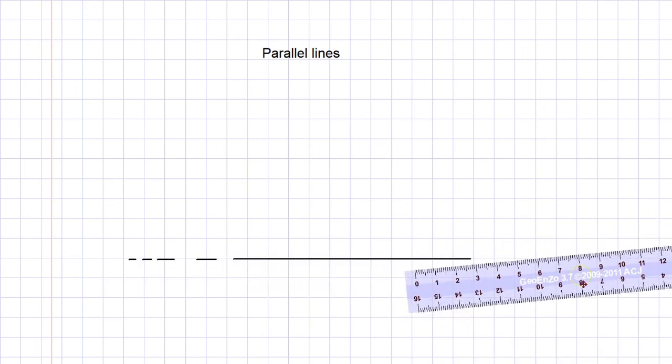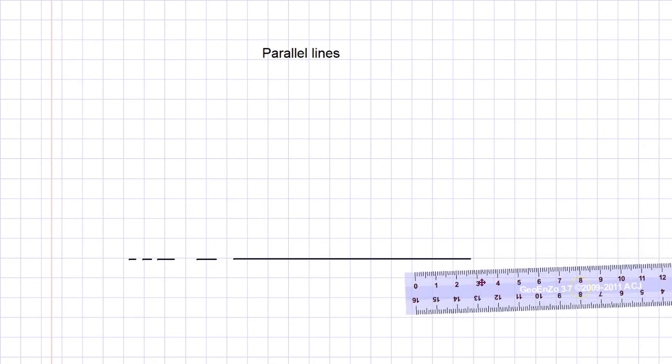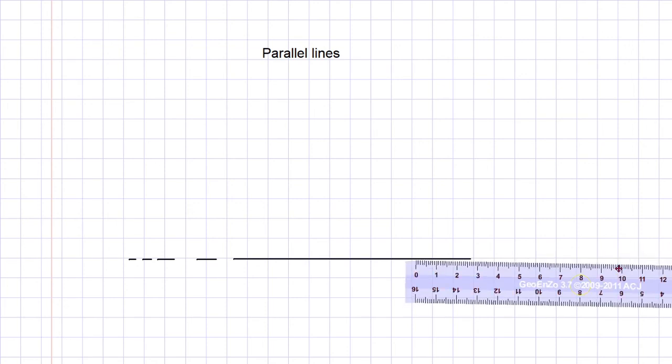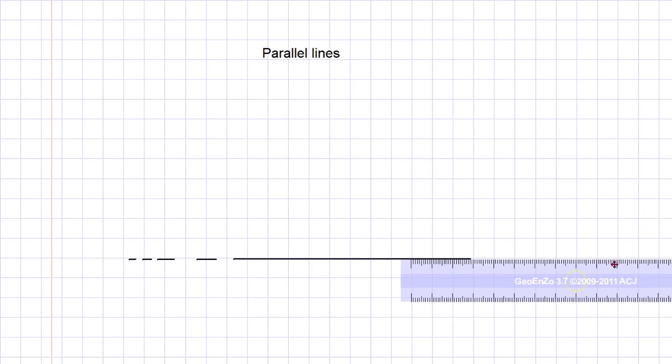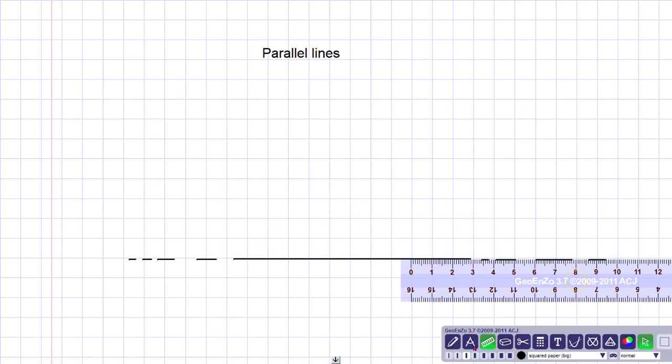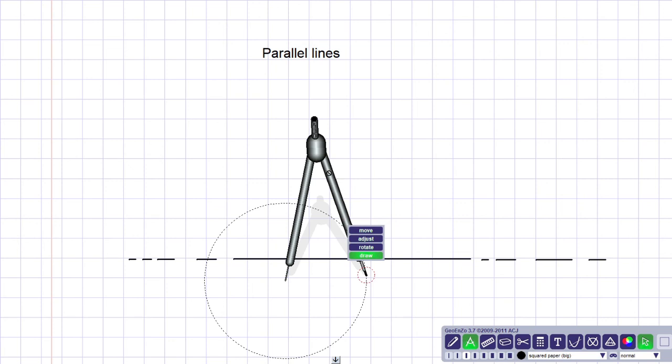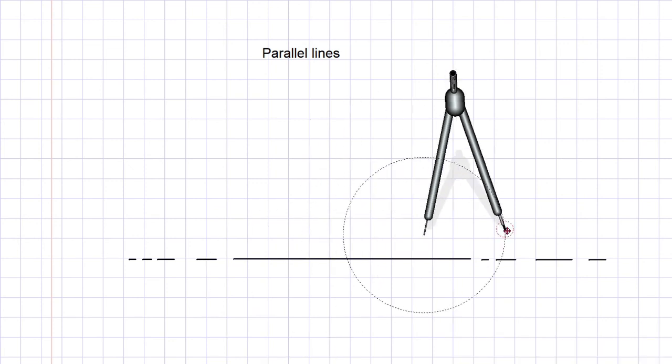And this side also using dotted lines. Now I will construct 90-degree angles at those points.